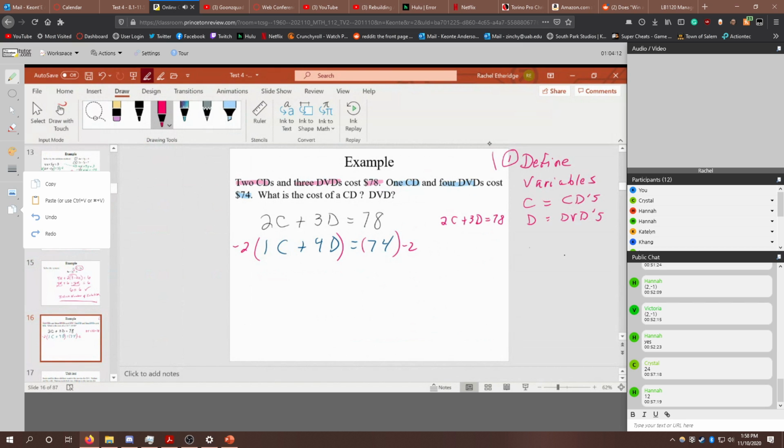That one's not going to change. And I'm going to get -2C minus 8D equals -148. So now I'm going to add the 2 equations, and the C's are going to cancel.